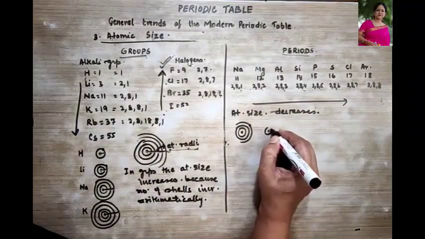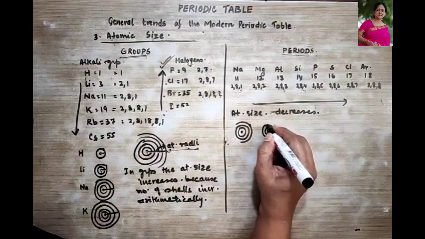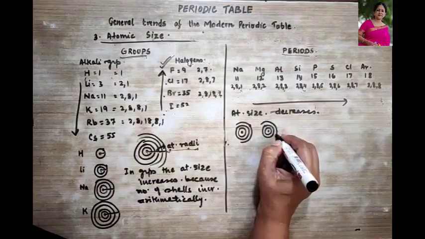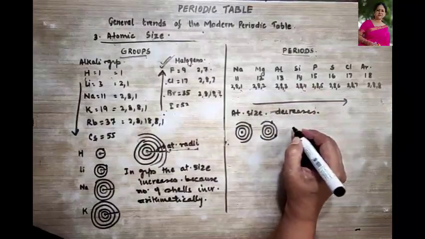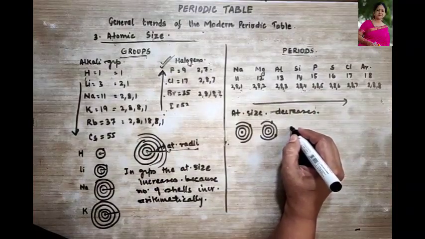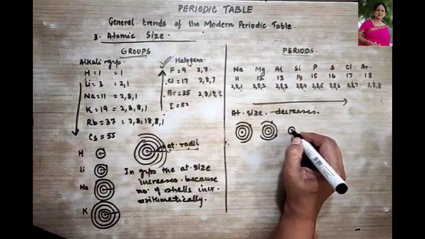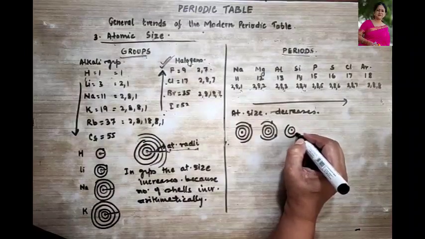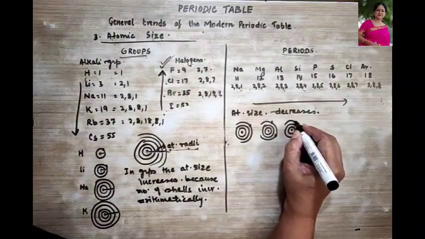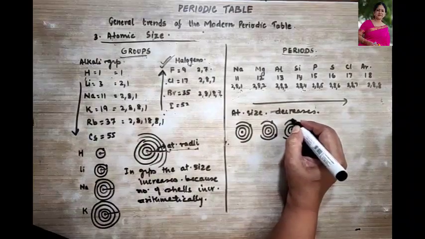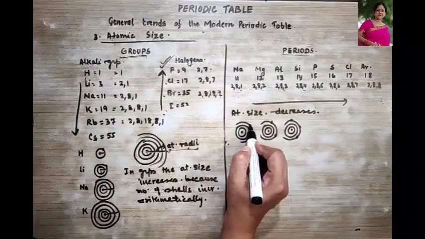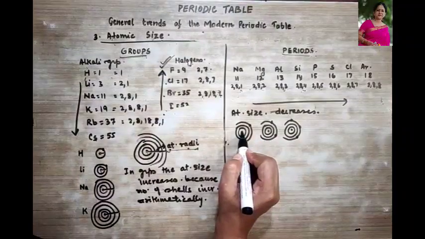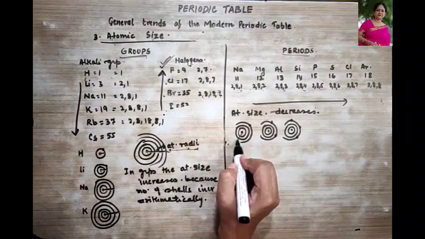This is 2, 8, 2. Okay. Talking about aluminium. This is the nucleus, then this is 2, 8 and 3.